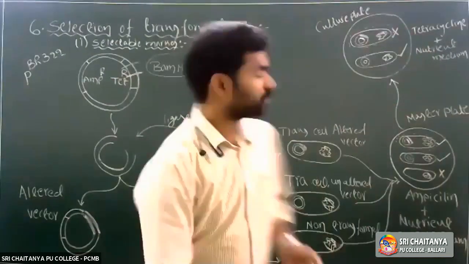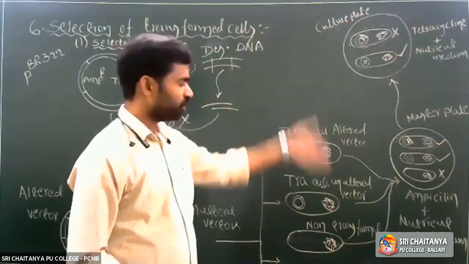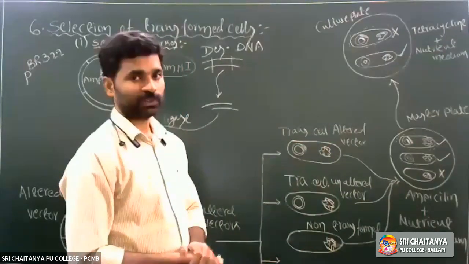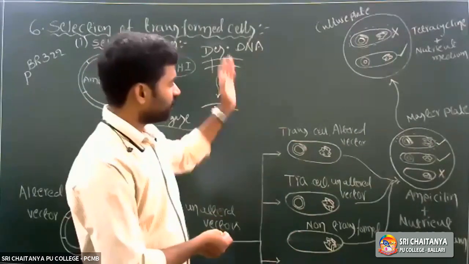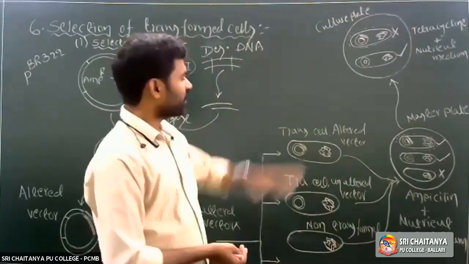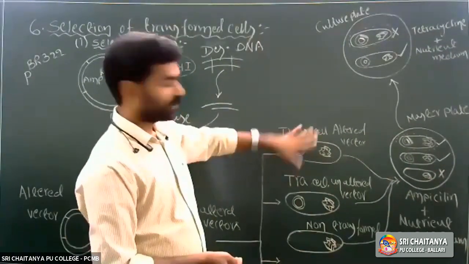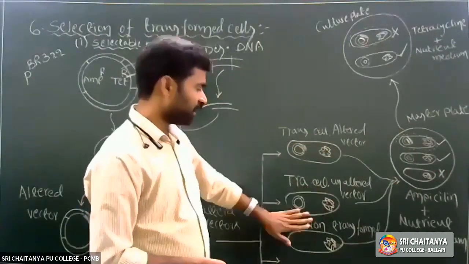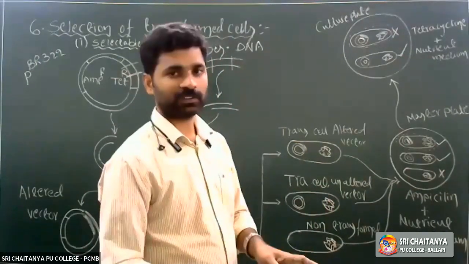Right. So these two types of vectors are inserted into the host cells, right? So in this case, three types of bacterial cells are formed. Some bacterial cells have altered vectors, some have unaltered vectors, and some do not have any vectors, right?